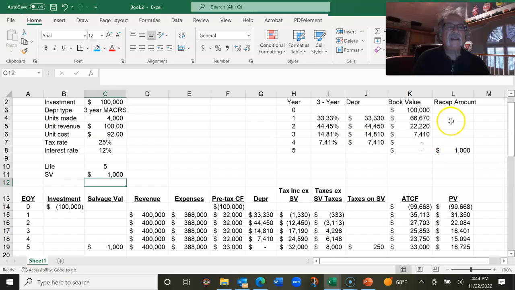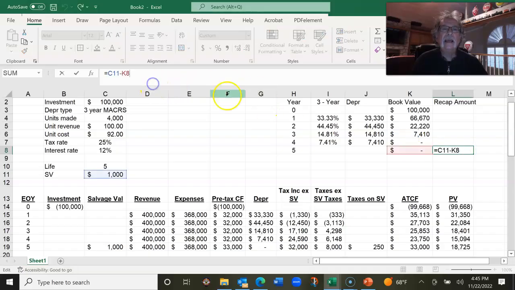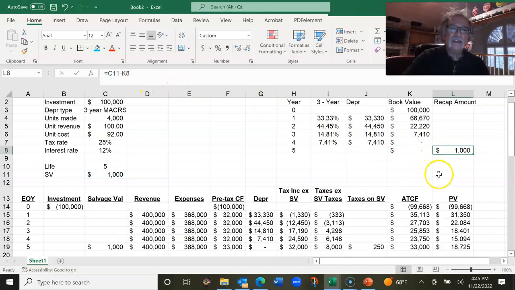What I have is a book value of zero at the end of year 5. I've calculated over here a recapture amount that we have to recapture is $1,000. That's the difference between the salvage value and the book value. This could be at any point in time, so we could have this happen if this was a 10-year MACRS at the end of year 5. It's going to be the difference.